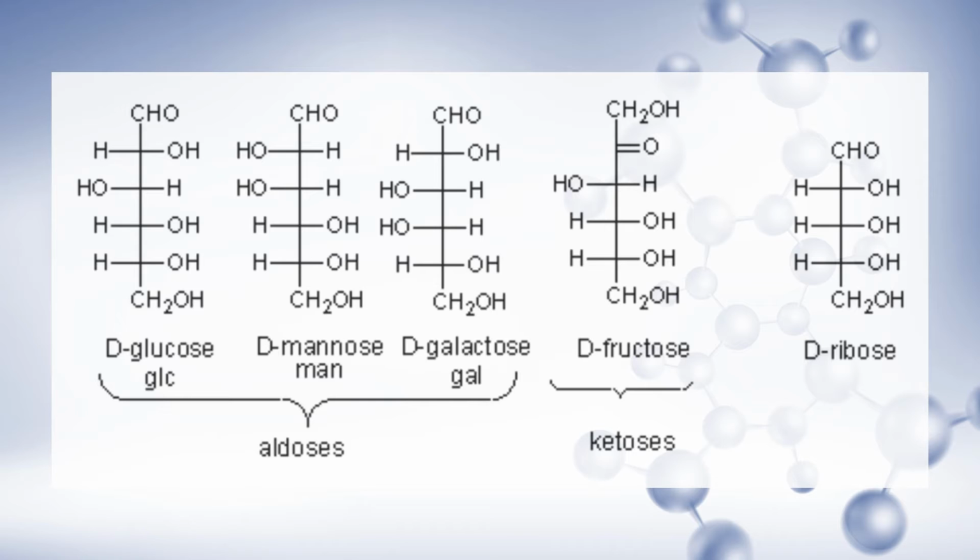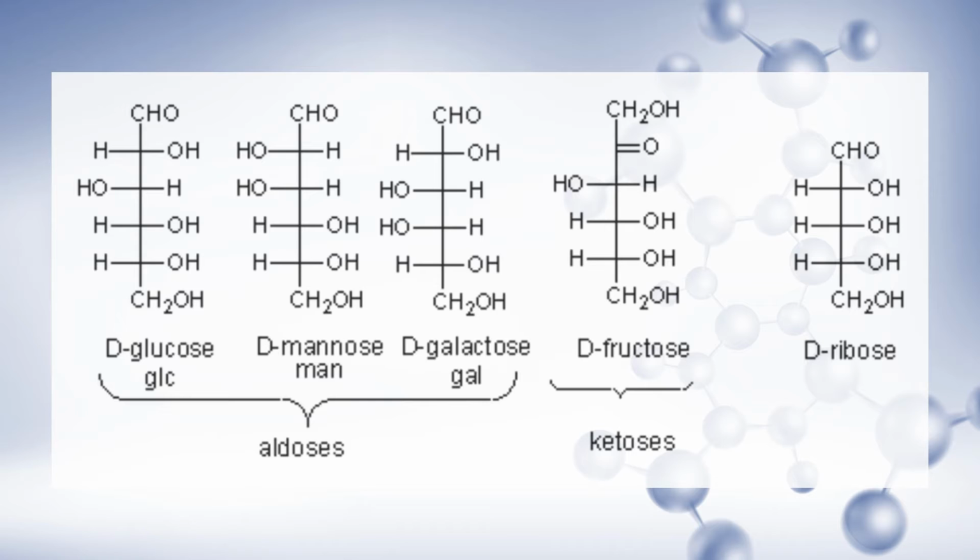hexoses that contain 6 carbon atoms, and you can see that these are the aldose sugars because they contain this aldehyde group in them, and the examples are glucose, mannose, and galactose. These are all isomers of each other, meaning that they have the same chemical formula but different structural formula.